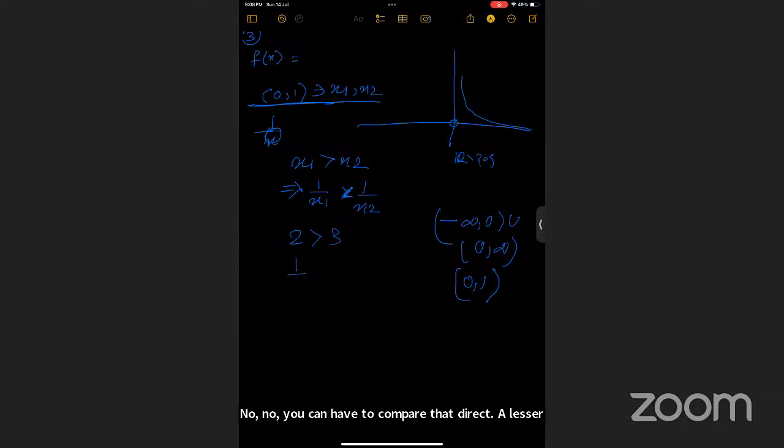But 1 by 2 is greater than 1 by 3 also. No, ma'am. 2 greater than 3 is wrong, 2 is less than 3. Okay, sorry, we can take 0.2 less than 0.3, right?